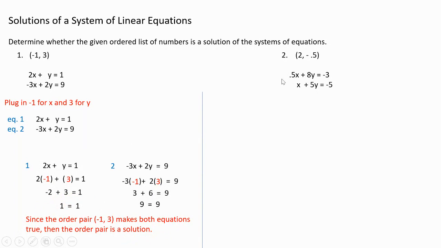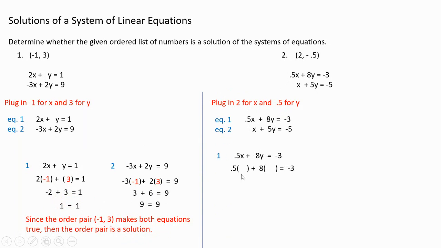Now let's apply the same concept to number 2. But now the x value is 2 and the y value is -0.5. So again, we're going to plug in 2 for x and -0.5 for y into equation 1 and equation 2. Let's repeat the process once again. I'm going to plug in 2 for x and -0.5 for y.